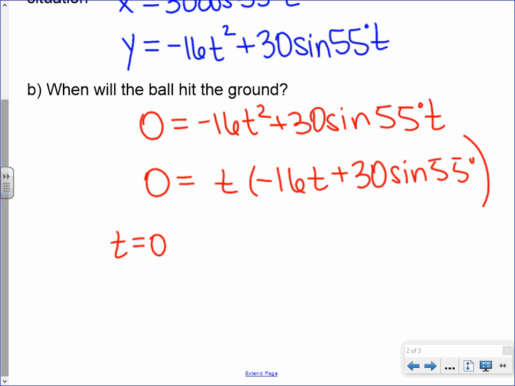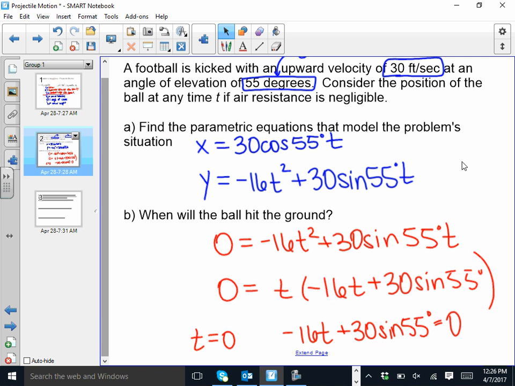Well, we knew that because it starts at the ground. Okay, we don't really care about that one. What we care about is that negative 16t plus 30 sine of 55 degrees equals 0. When you come back from lunch, you're going to put that into your calculator for me and we'll get the time. Okay. Enjoy your lunch. I'll see you in a half hour.